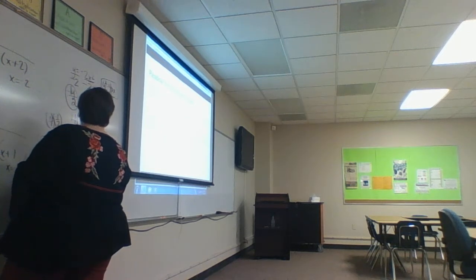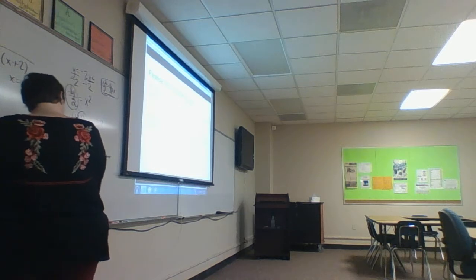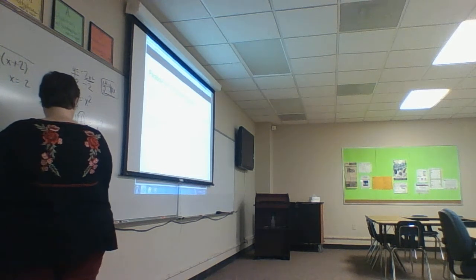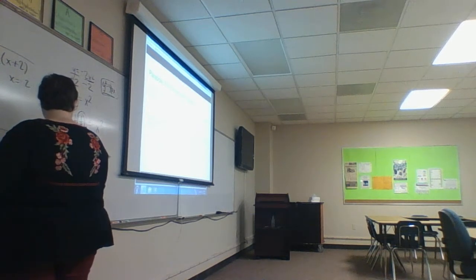So we started out with y equals negative 2x squared, and we got 0, negative 1 over 8. So where x is 2.